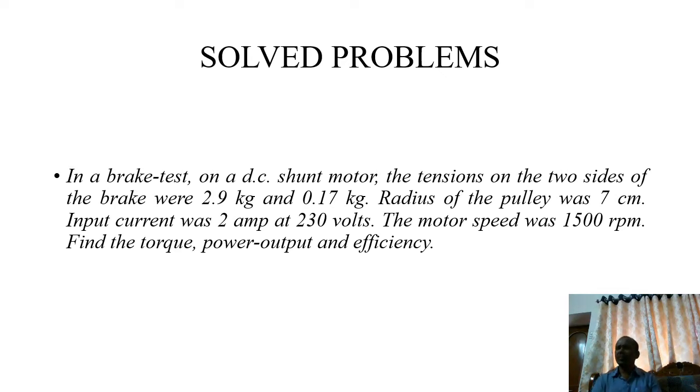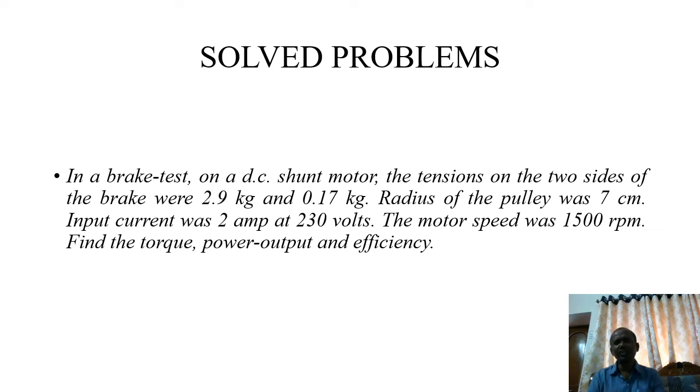All of you note the data given in the problem. When we are conducting the brake test on a DC shunt motor, two spring balances are shown. Their weights are 2.9 kg and 0.17 kg, and the radius of the pulley is 7 centimeters. Input current is 2 amperes, voltage 230 volts.